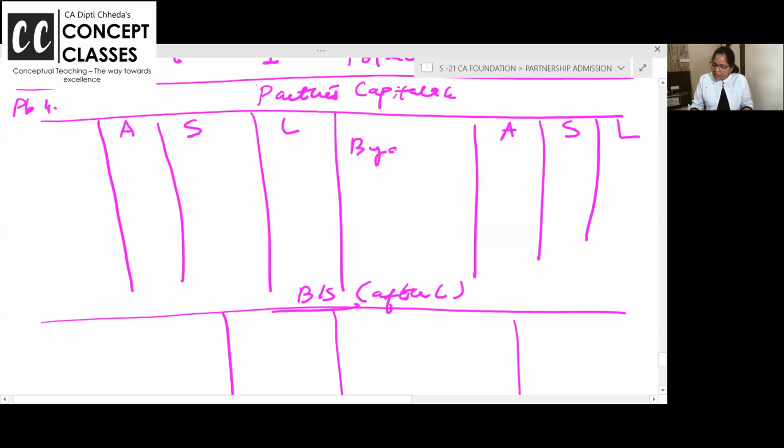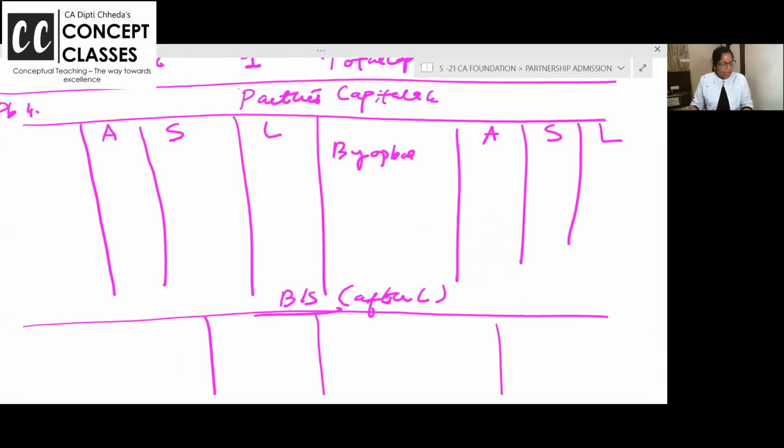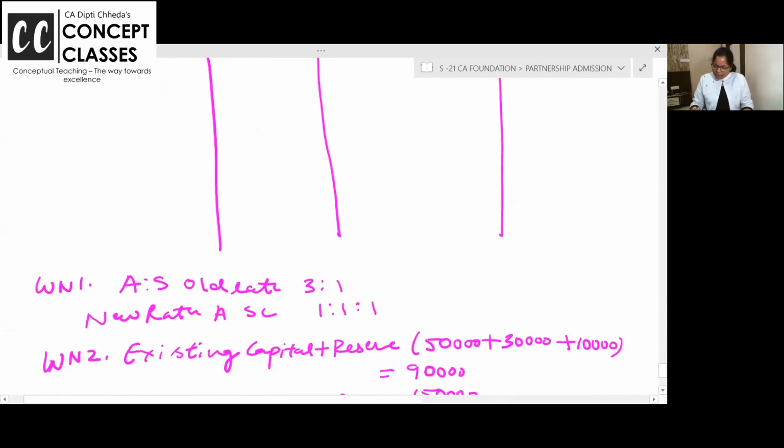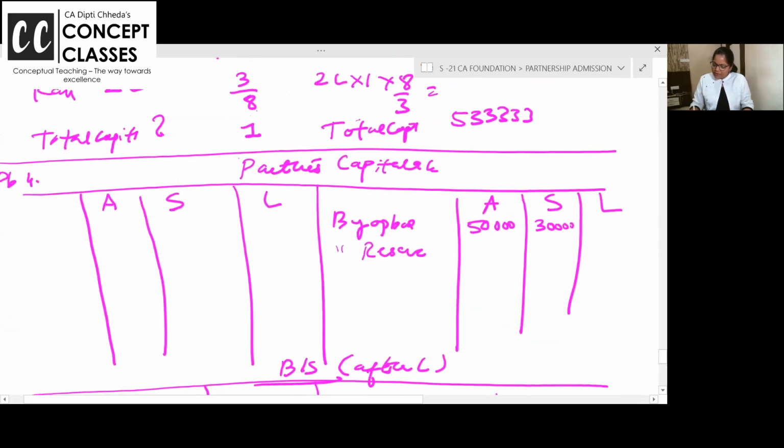Start by writing opening balances of Amit and Sumit. 50,000, 30,000, nil. Reserves, 10,000. Give it to old partners, old ratio, 3:1. I have given it ready for you. Give the 10,000 in 3:1.